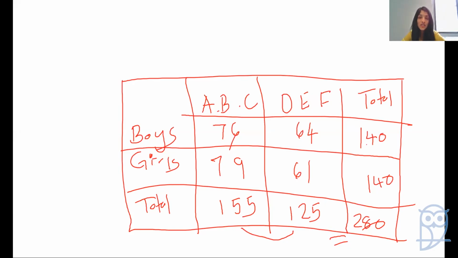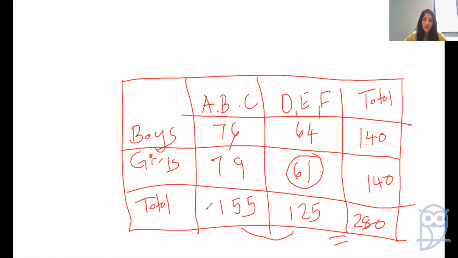The second part of this question says a student is chosen at random from year 10. Write down the probability that the student is a girl with grades D, E, or F. For grades D, E, or F, there are 61 girls.